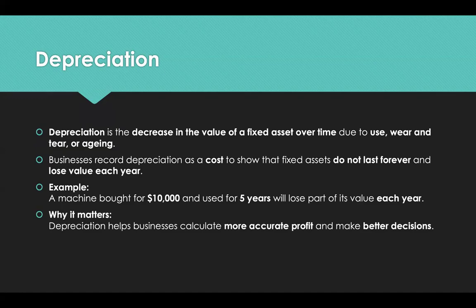For example, if a machine is bought for $10,000 and used for 5 years, it will lose part of its value each year. Understanding depreciation helps businesses record more accurate financial information.